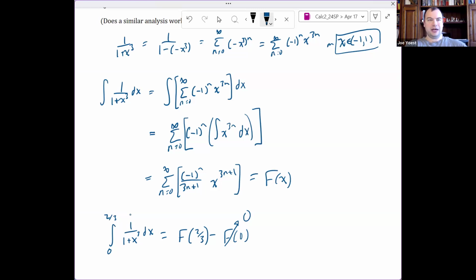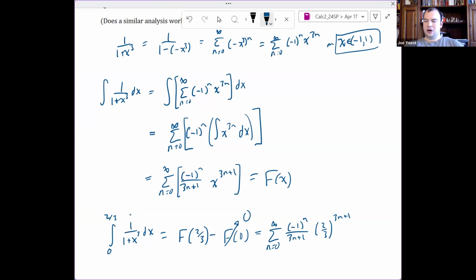So I just have F of 2/3. Or this is going to be the series sum n equals 0 to infinity of what? Minus 1 to the n over 3n plus 1 times 2/3 to the power 3n plus 1.